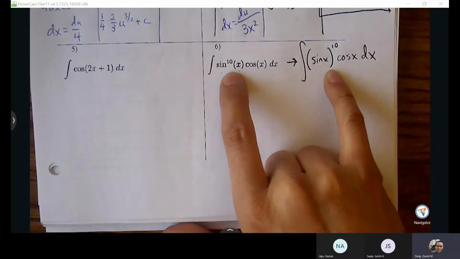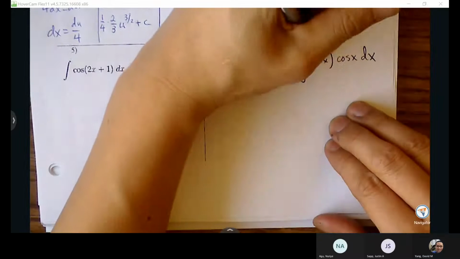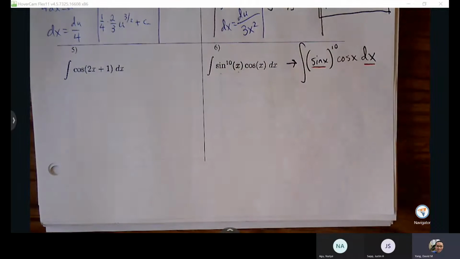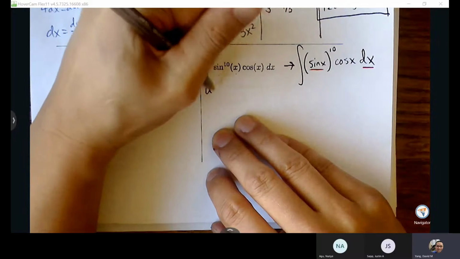Okay, so we haven't done anything yet. We just made it easier to potentially pick out a U value. So now let's target our U value being sine of x. So I'm going to underline what I want to replace and see how far I can go. Okay, so U equals sine of x.